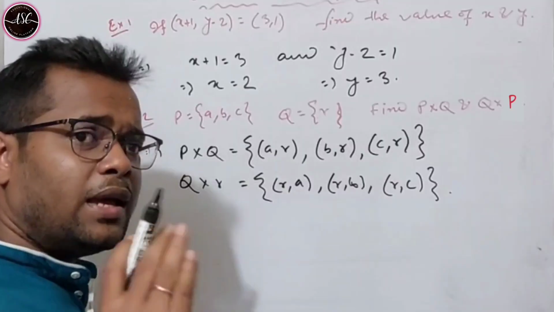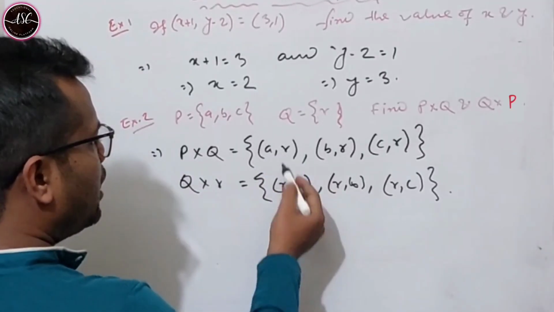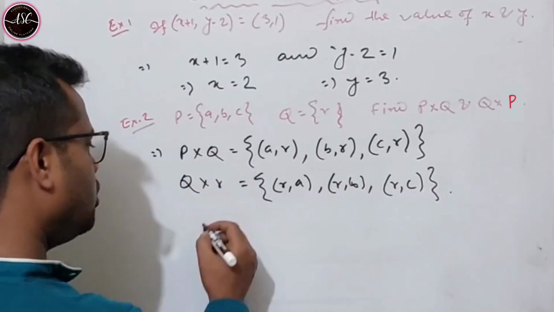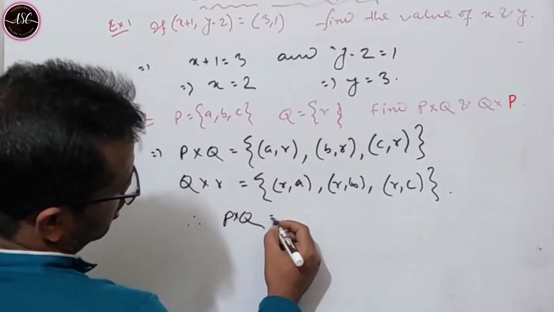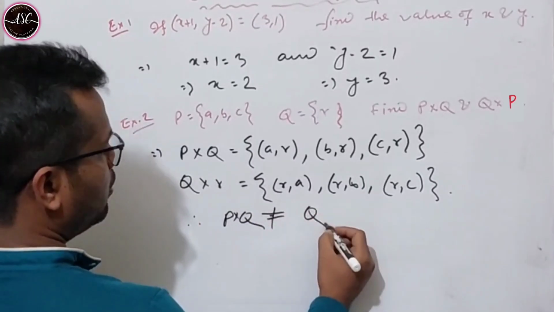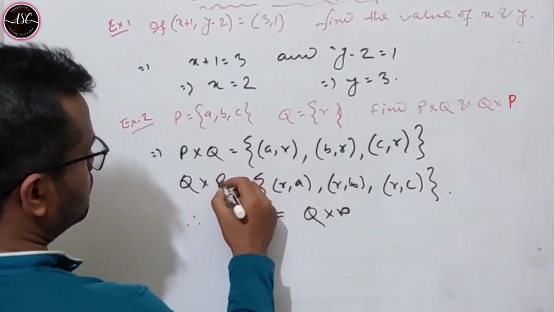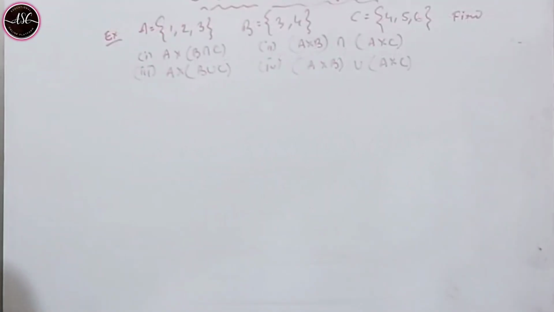No condition has been given such that a equals r or r equals a. So these Cartesian products are totally different. So here we can say P Cartesian product Q is not equal to the Cartesian product of Q and P.